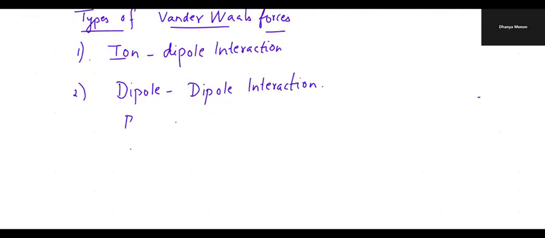So I have a polar molecule, for example, hydrogen chloride. Again, another polar molecule, hydrogen chloride. Now, this is already polar. So chlorine will develop a negative charge. Hydrogen will develop a positive charge. Here also, hydrogen will develop a positive charge. Chlorine will develop a negative charge.